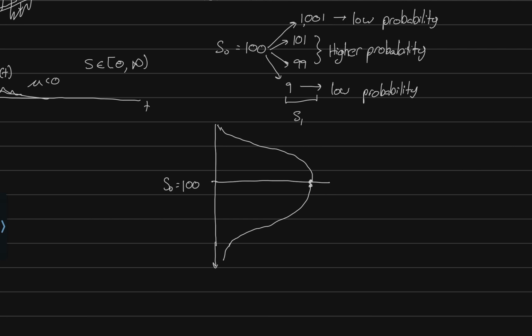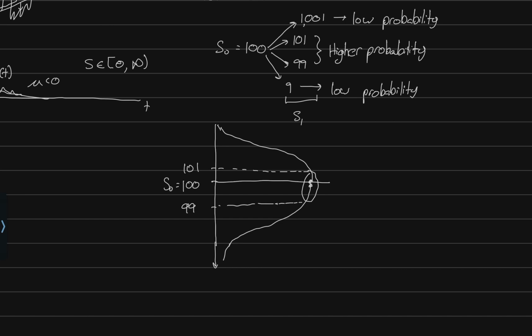So somewhere around 100, let's say 99 and 101 have a pretty high probability of happening, and points around the middle also have a high probability of happening.